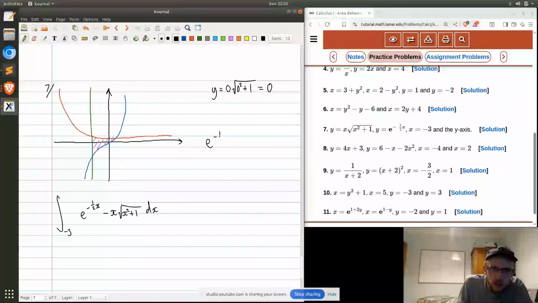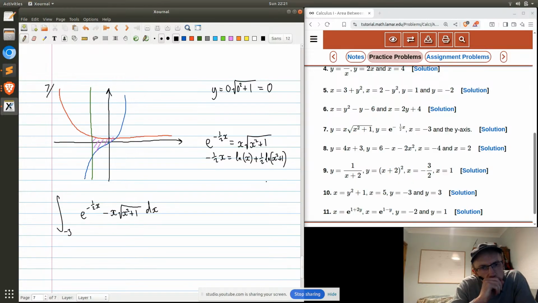So e to the minus half x is equal to x root x squared at 1. Now if I take natural logs of both sides, I get minus a half x equals ln. I can't solve that though. Don't know how.